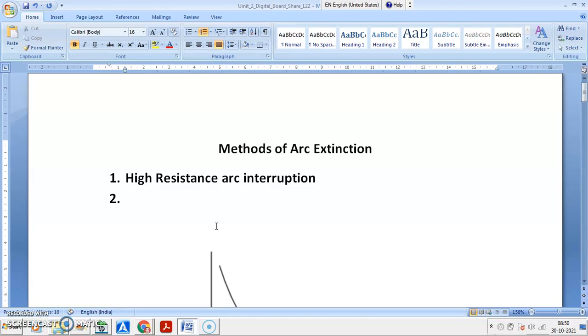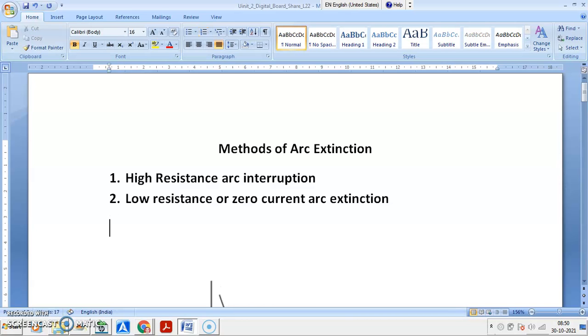And number two, low resistance or zero current arc extinction. These are the two methods used for arc interruption or arc extinction. Okay.